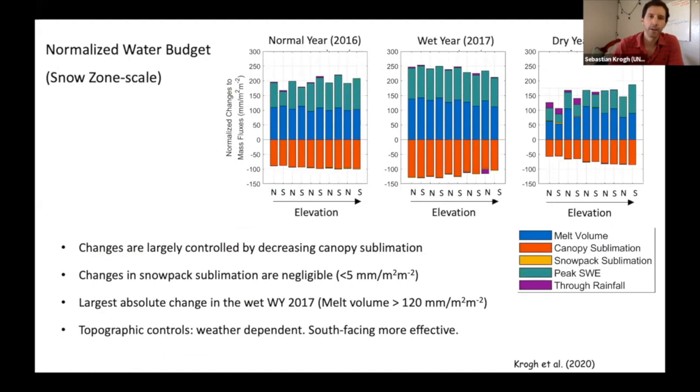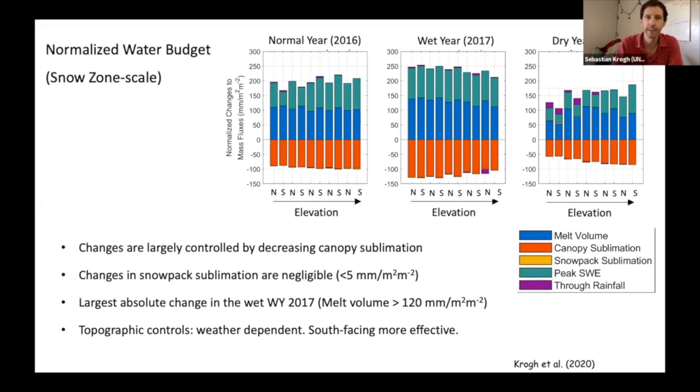So if we aggregate all the 1 meter results into this snow zone scale, and we look at normalized changes to each of the key mass fluxes, so we're talking about melt volume, canopy sublimation, snowpack sublimation, peak SWE, and the rain that goes through the canopy, this is what we found. We normalize these changes by changes in leaf area index, so this has units of millimeters per meter squared per meter squared.